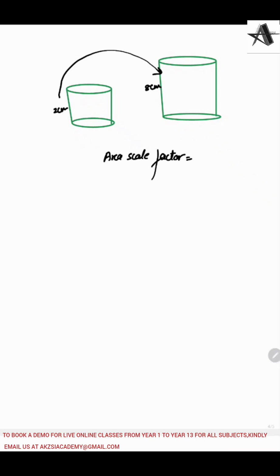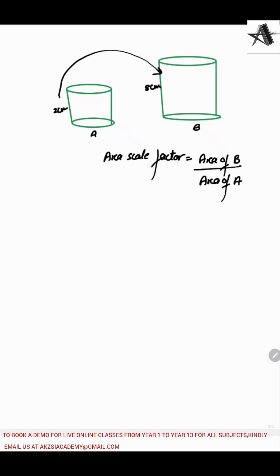That means if you are transforming, let us say this is A and this is B, and you're transforming A to B, then your area scale factor will be area of B over area of A. So that you get to know by which factor you have to multiply A so that you can get B. Or you can say how much bigger B is than A. In this way you can calculate the area scale factor. And if you remember, we calculated the length scale factor in exactly the similar manner.